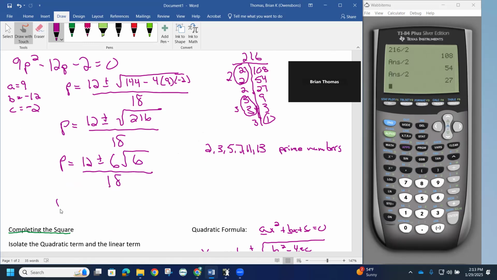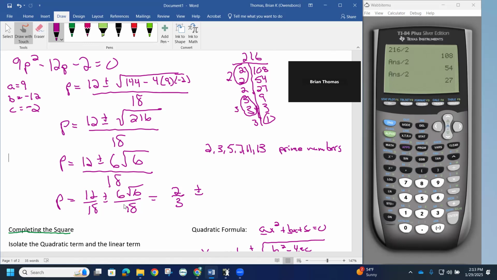Now to finish it out, we can separate this as 2 separate fractions: 12 over 18 plus or minus 6 square root of 6 over 18. And then we can reduce each fraction. Notice that 12 and 18 both have a common factor of 6 in them. 6 goes into 12 twice, and 6 goes into 18 3 times. Then we have our plus or minus.